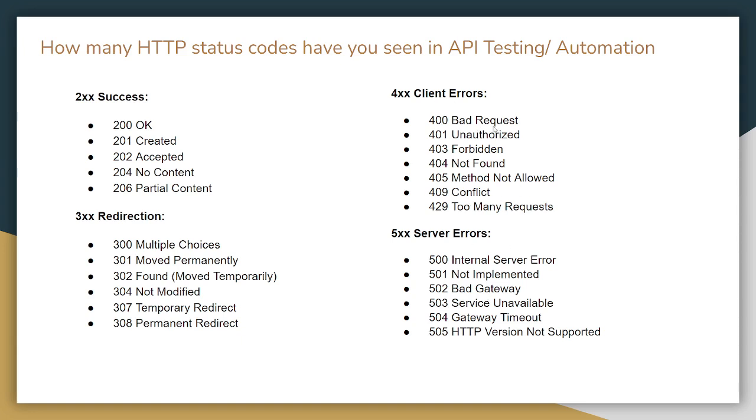So 4xx: 400 bad request, 401 unauthorized, 403 forbidden, 404 not found, 405 method not allowed, 409 conflict, 429 too many requests. 5xx server errors: 500 internal server error, 501 not implemented, 502 bad gateway, 503 service unavailable, 504 gateway timeout, 505 HTTP version not supported.